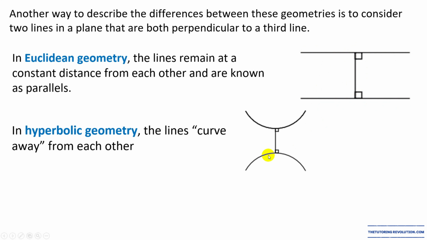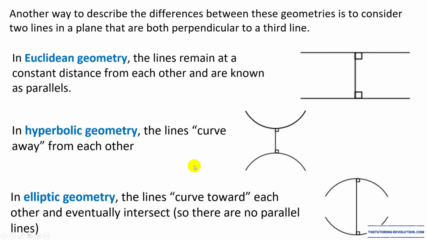But here, you have a line and you have a point, and you can draw one parallel line to this one, and you can draw many other parallel lines to this one. So in hyperbolic geometry, you can have many parallel lines that pass through a single point, different from the point of the initial line that you are using.